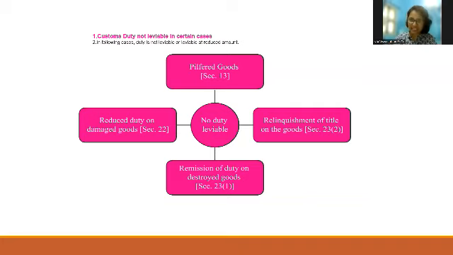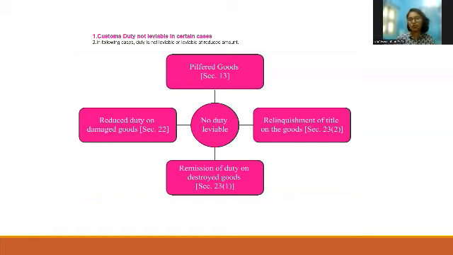The simple logic is that it is not being made available in the domestic market. The whole purpose of customs duty, as discussed earlier, is to ensure fair trade practice in the common market or the domestic market, when the goods are brought to the domestic market for sale. These goods are not being brought to the domestic market for sale, and hence customs duty is not levied.